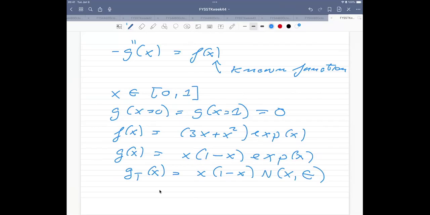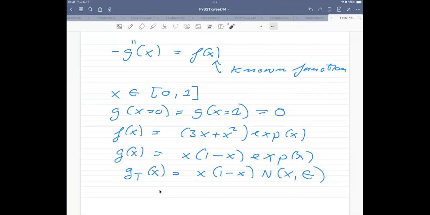Now, in my case, that function which we defined, which we wanted to optimize, which is a difference between the right-hand side and the left-hand side, does not contain a first derivative, but it contains a second derivative. And the function g, and this function f of x, and the variable x.